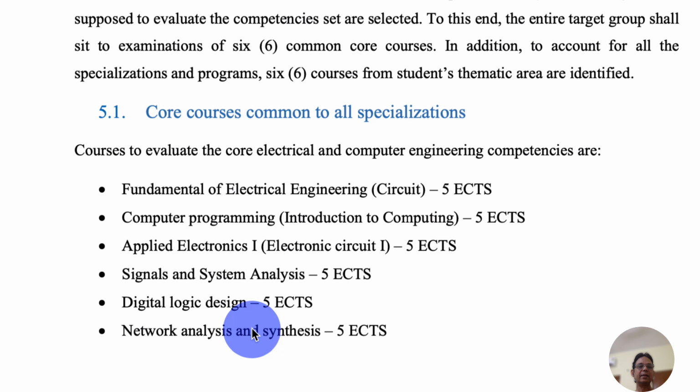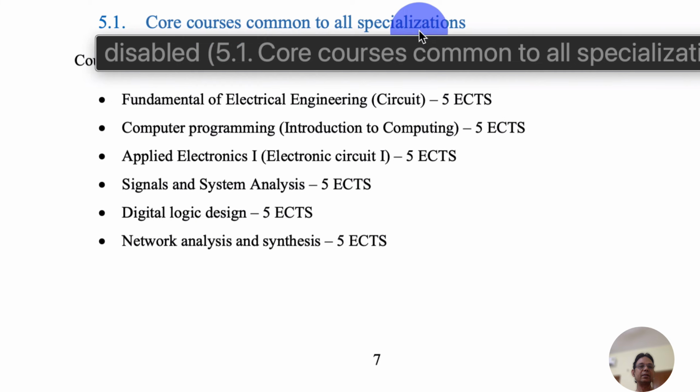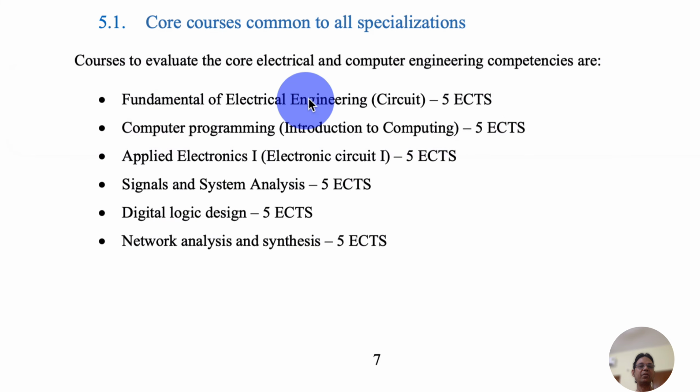Now we can see the list of courses that students will have to understand for appearing for the exit examination. So common core courses are given, like first is fundamentals of electrical engineering, circuits, computer programming, applied electronics first, signals and system analysis, digital logic design, network analysis and synthesis.